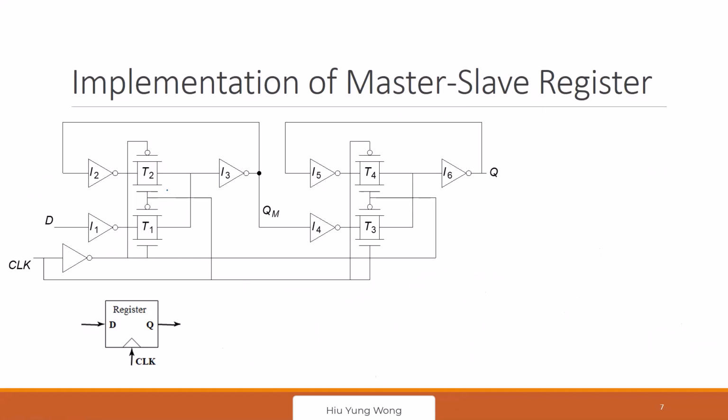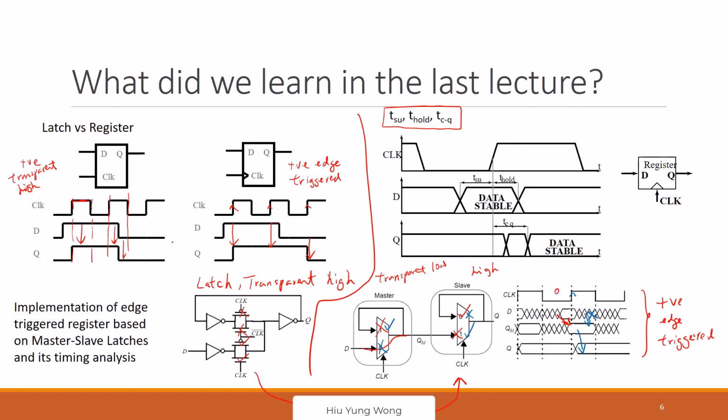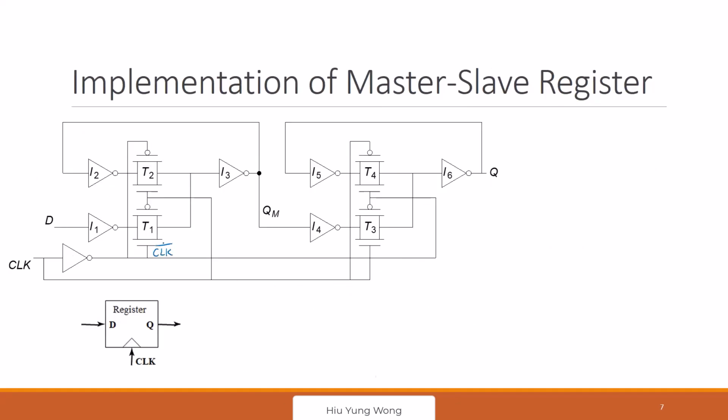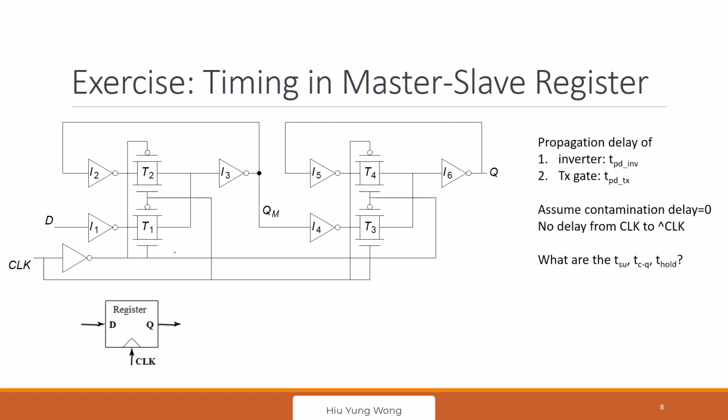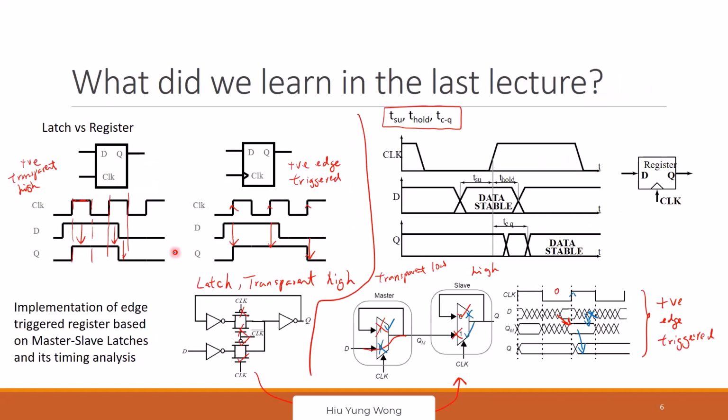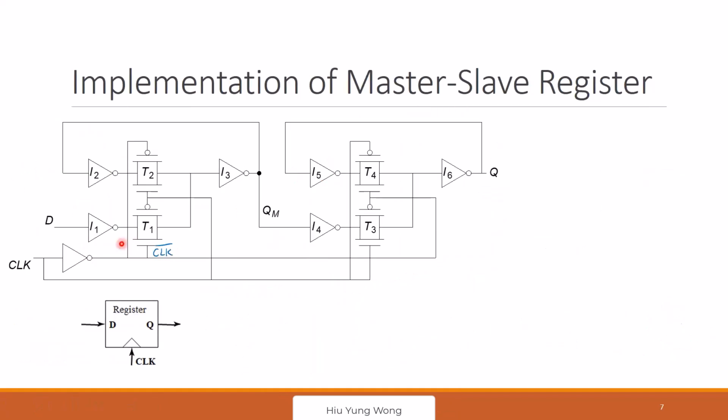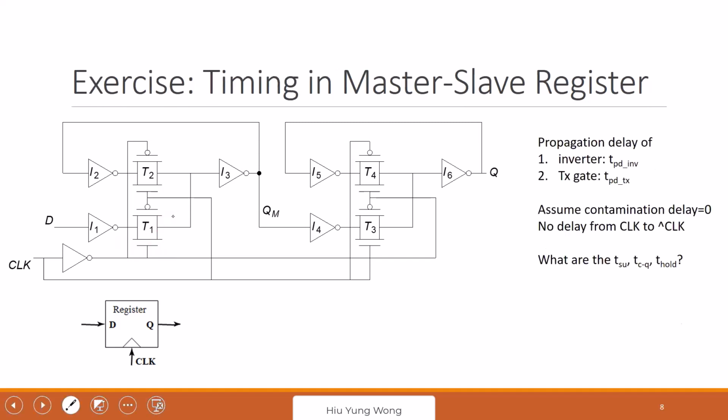And for the clock, you see that I need an inverter to bring this in, so this will be clock bar. When the clock is low, it will be passing the stuff just like here. This is 0, and when it is 0, it's passable. This one you go back and read carefully yourself.